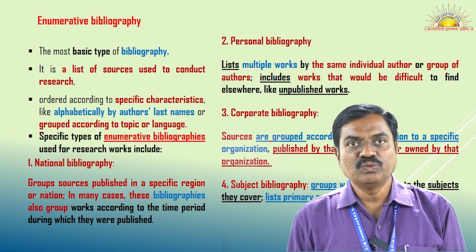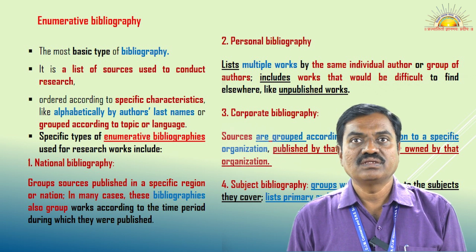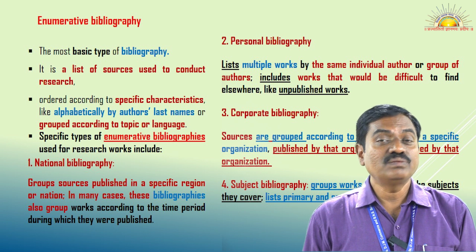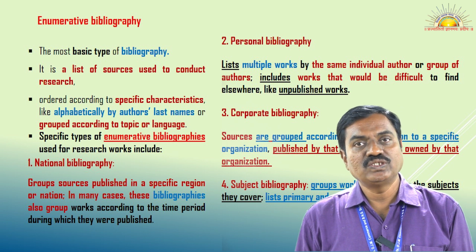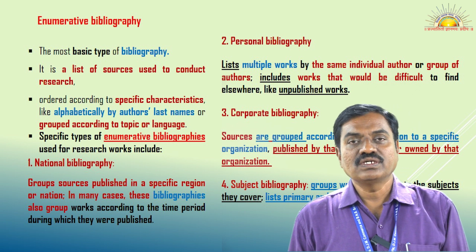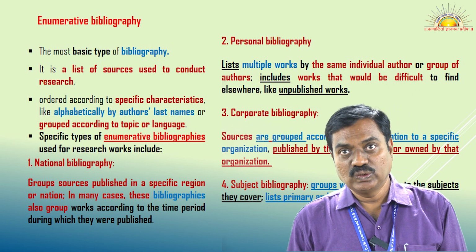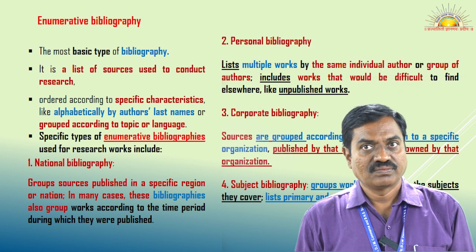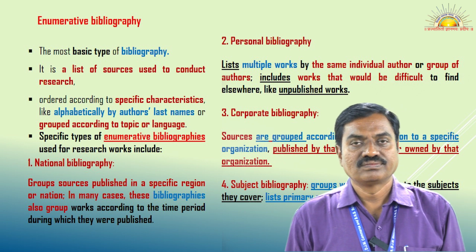The next type of enumerative bibliography is personal bibliography. A personal bibliography lists multiple works by the same individual author or group of authors. Often, personal bibliographies include works that would be difficult to find elsewhere, like unpublished works.